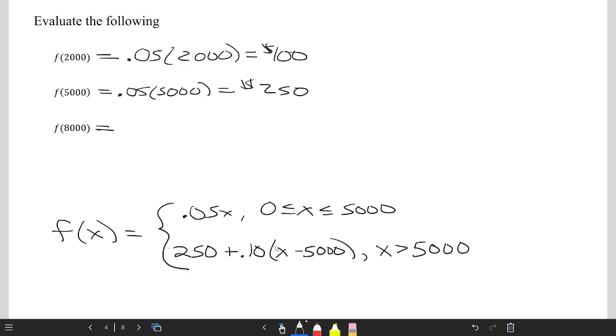We would substitute 8,000 for x here, which is essentially what we were doing before when we were finding the cost for more than 5,000 gallons. We were saying, all right, it's $250 for the first 5,000 and then 10 cents for each additional gallon beyond that.